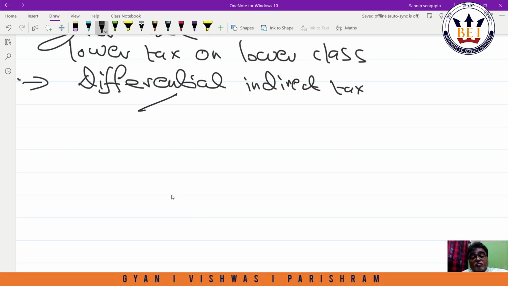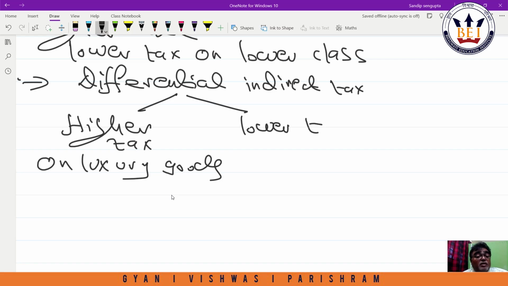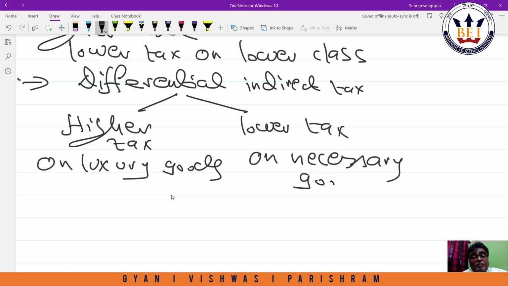It has two parts, means higher tax on luxury goods, lower tax on necessary goods. It is one of the good weapons to reduce inequality, because lower class people will be the beneficiaries, those who are consuming most of the necessary goods. Luxury goods is a dream for them.